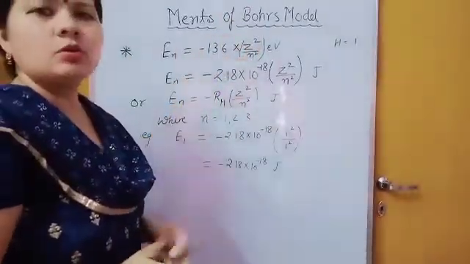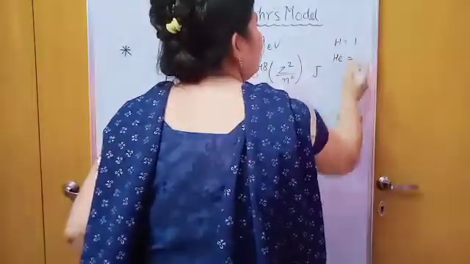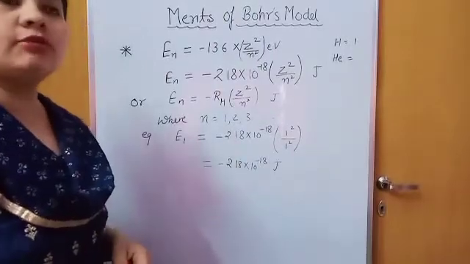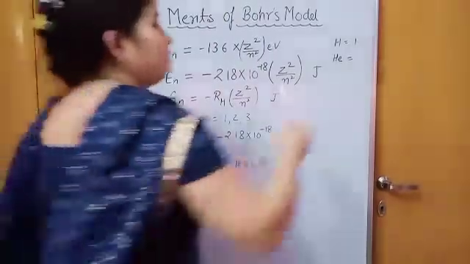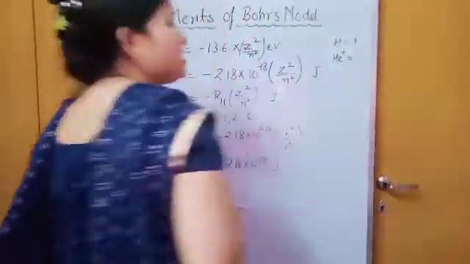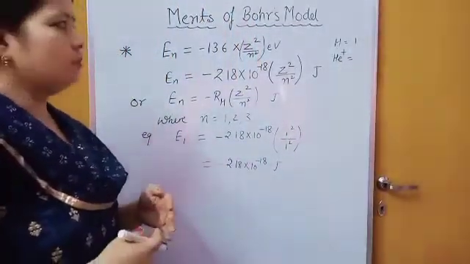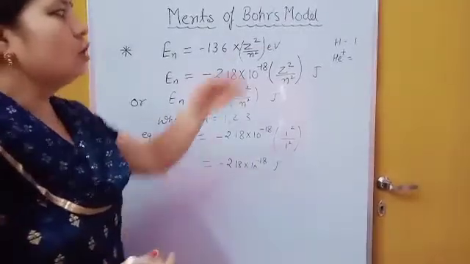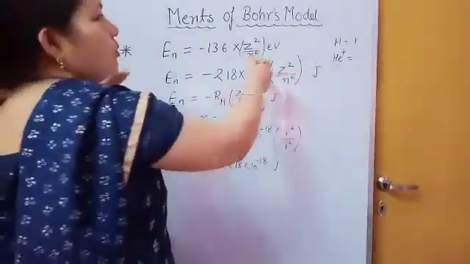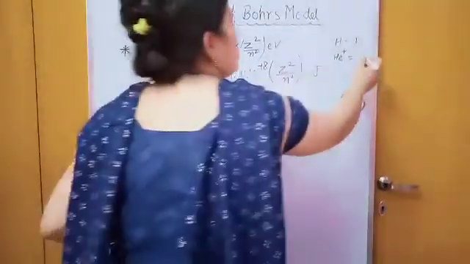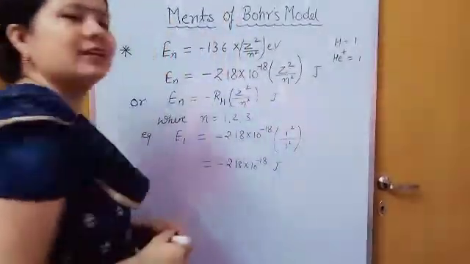But for helium it is not valid, because the number of electrons is 2. But if it becomes He positive, meaning we remove one electron, this formula is valid for He positive also, because the number of electrons is 1.